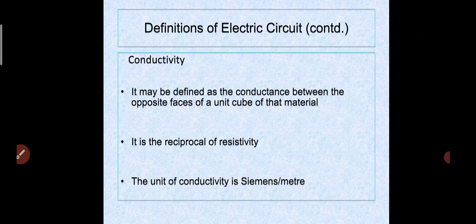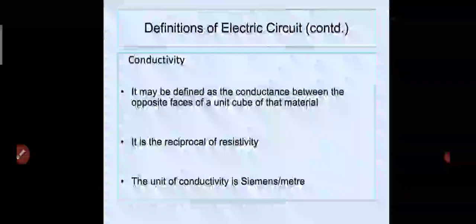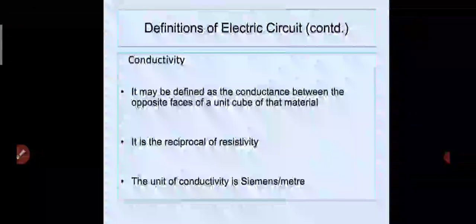It may be defined as the conductance between the opposite faces of a unit cube of that material. Next one, it is the reciprocal of resistivity. The unit of conductivity is Siemens per meter.